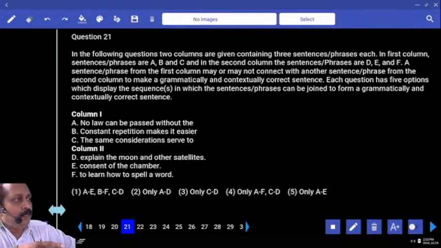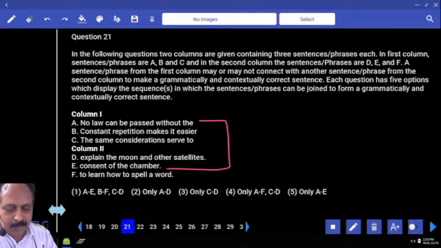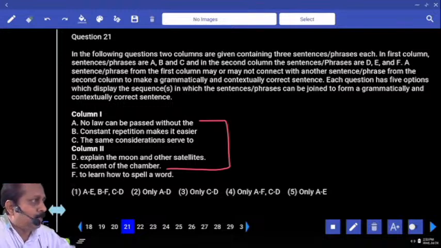You must have noticed one style, majority rather, they say no law can be passed without the consent of the chamber, hold that one. To learn cannot be used. That means what is the answer? You can consider A and E. Then they say, how many options with A, E? That is the answer. Go to the next question.